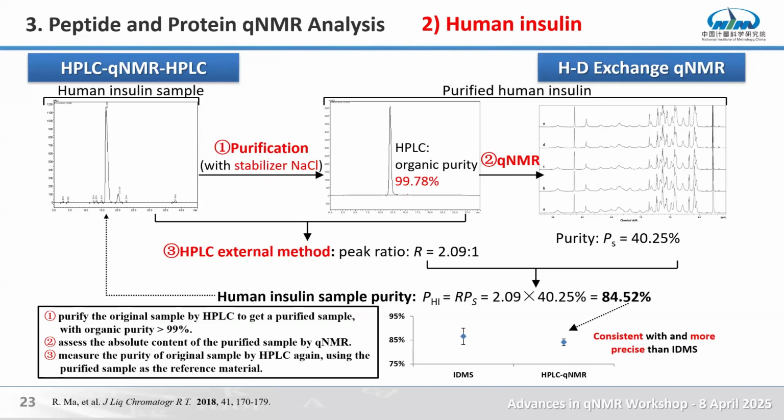And the third step was to measure the purity of original HI by HPLC, using the purified HI for external calibration. The result shows this method demonstrated greater accuracy than IDMS.